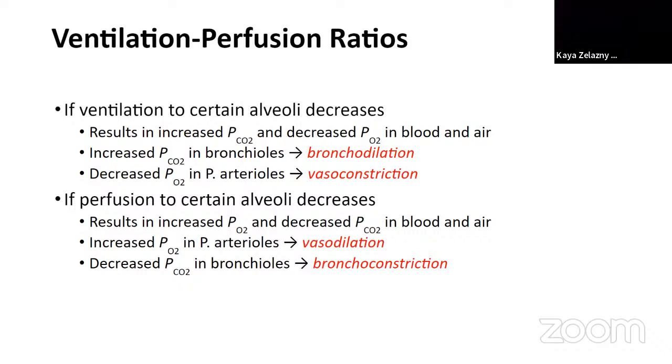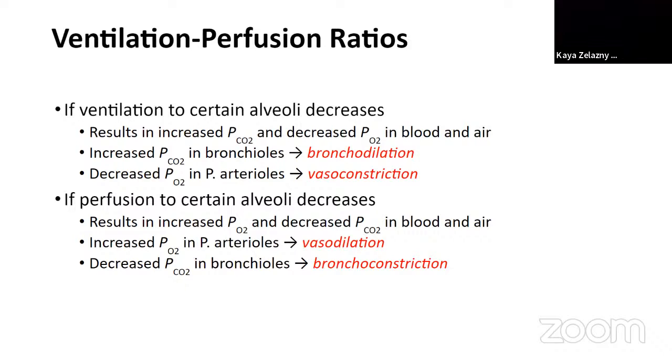When we have a change in this ratio of ventilation versus perfusion, this changes the buildup of carbon dioxide or oxygen in the bronchioles and in the arterioles, and it's going to have an effect on the relative dilation or constriction of these vessels.